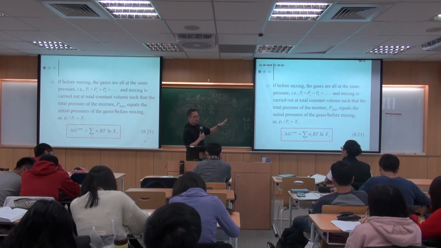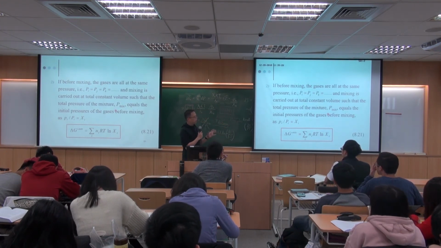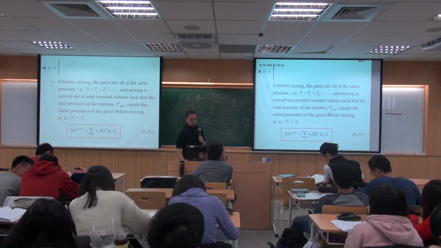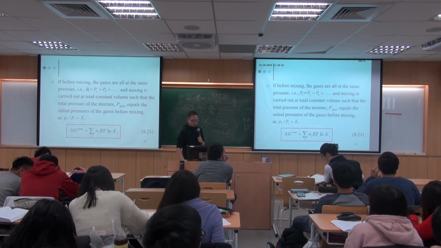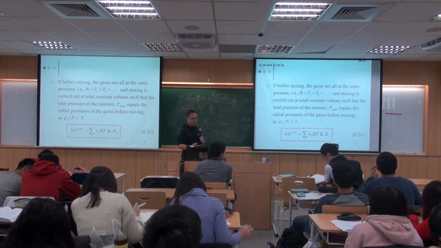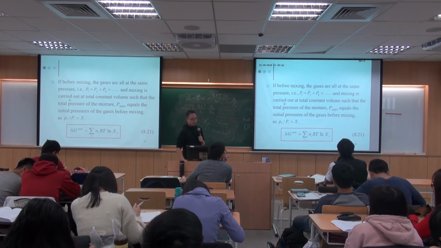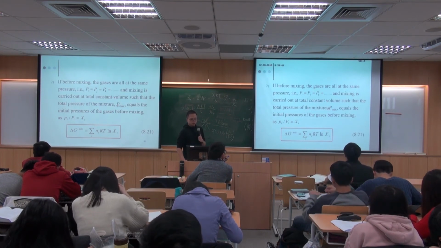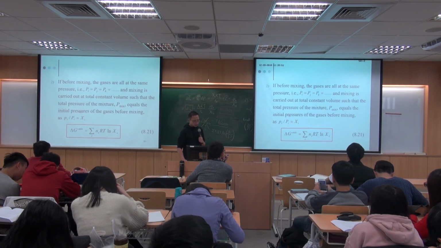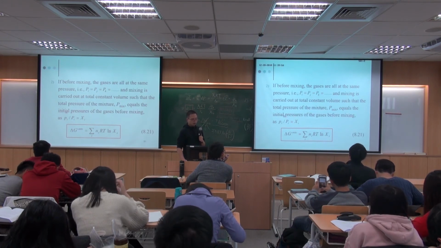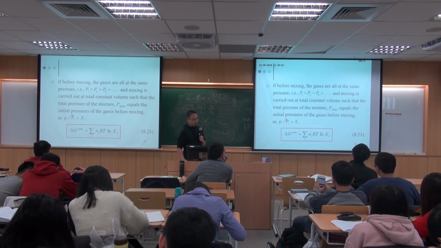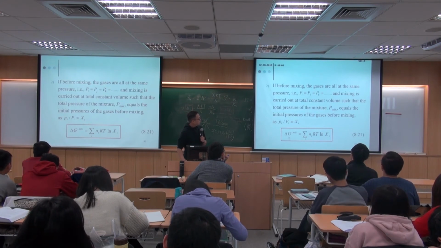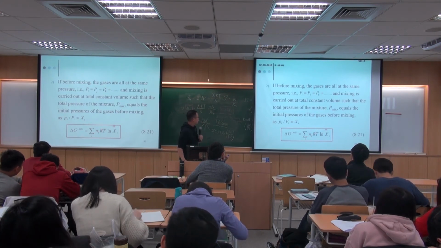So if before mixing, this is a very generic assumption, the gases are all at the same pressure. That is, all the pressures are the same, like Pa, Pb, Pc, they're all the same. And the mixing is carried out at a total constant volume, such that the total pressure of the mixture, P mix, equals the initial pressures of the gases before mixing, such that Pi over this greater P is x_i. Then this can be simplified to N_i RT log x_i.